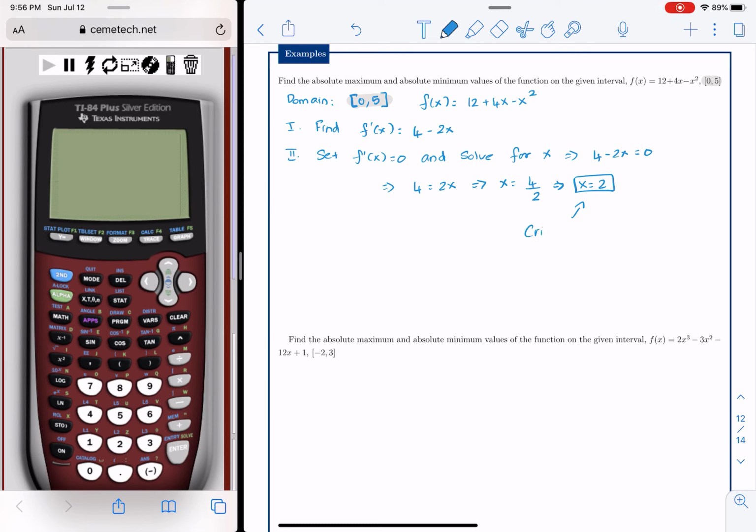So that is the critical number. Since that is a critical number, there has to be a minimum or a maximum at that point. Now, how do we determine if we have a minimum or a maximum? We could use the extreme value theorem.